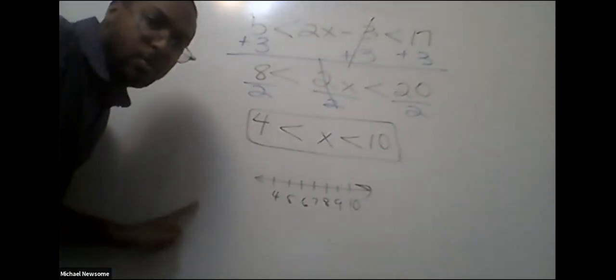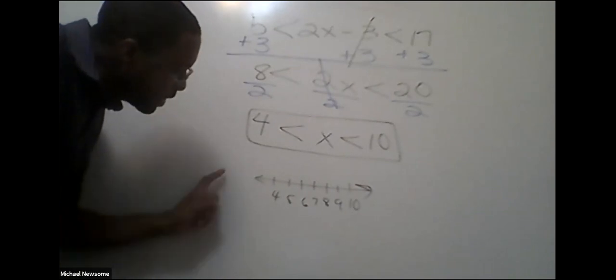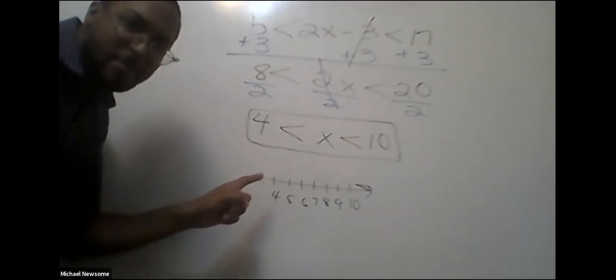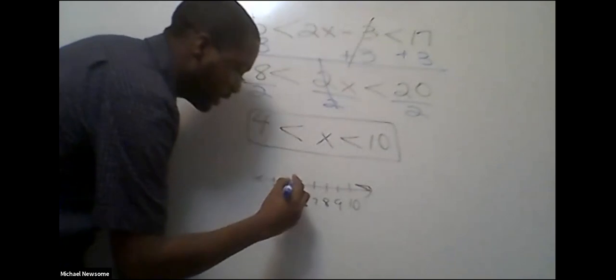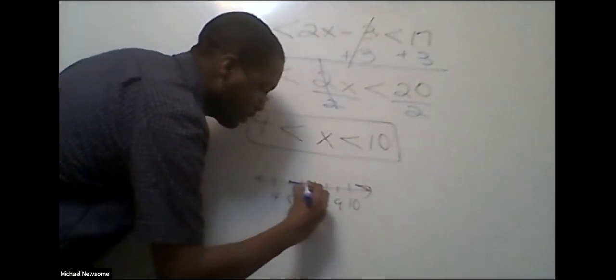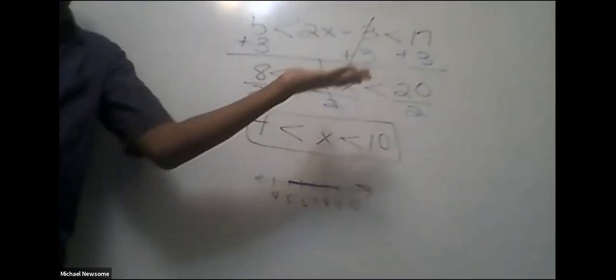Now, the question we asked before was, where is x? X is between 4 and 10. What numbers are between 4 and 10? Well, all of these, obviously. I mean, yeah.